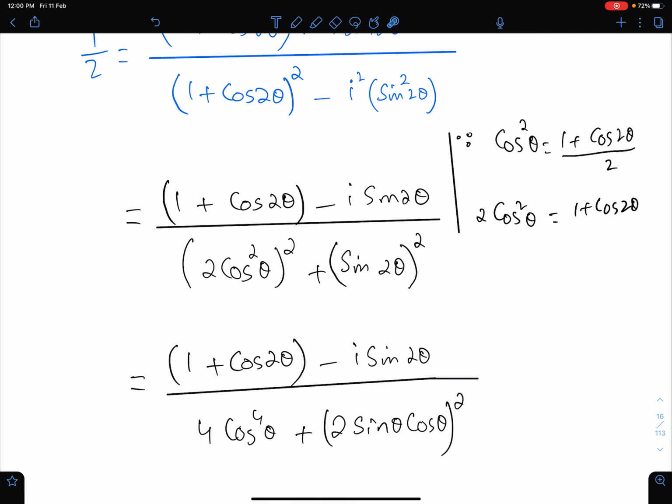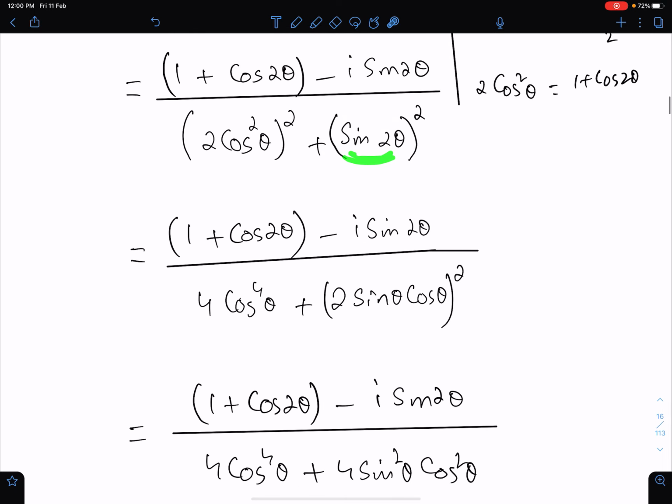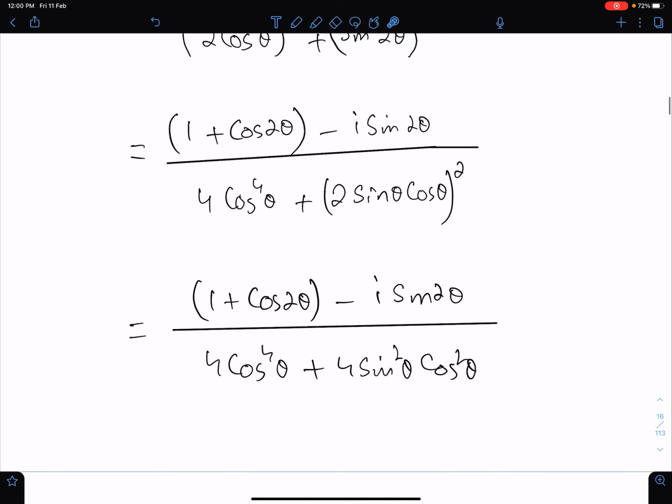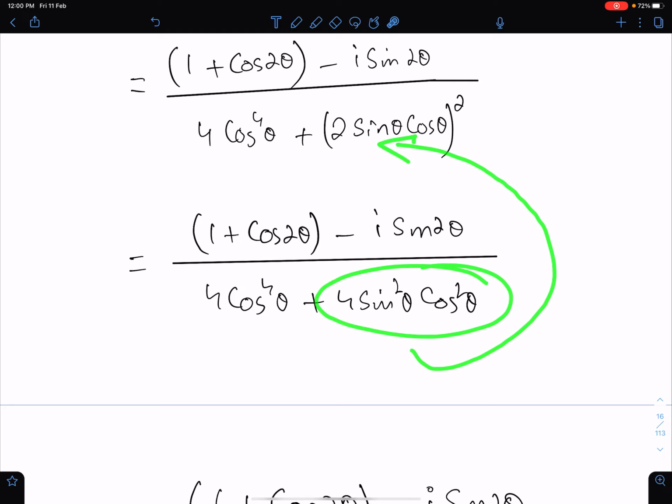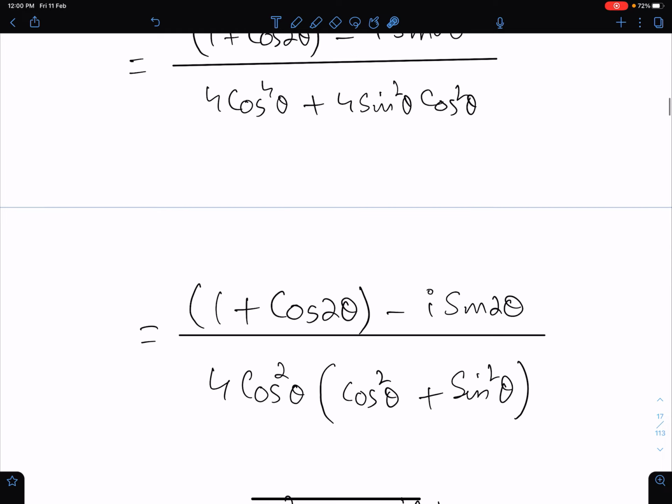Now we need to expand this sin 2 theta. Sin 2 theta will become 2 sin theta cos theta and the simplified form of this here. And this is the simplified form of this. Now we need to take common 4 cos square theta from the denominator.